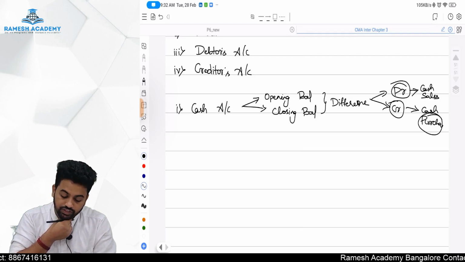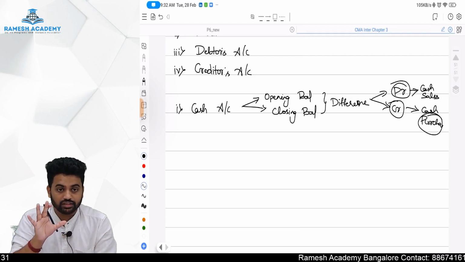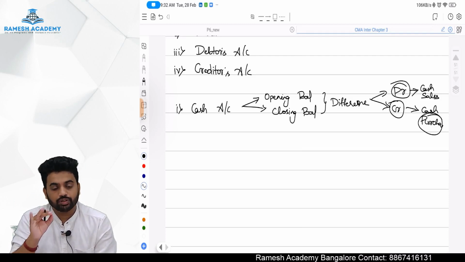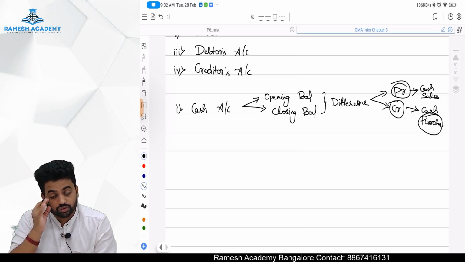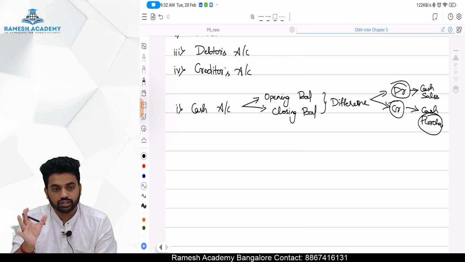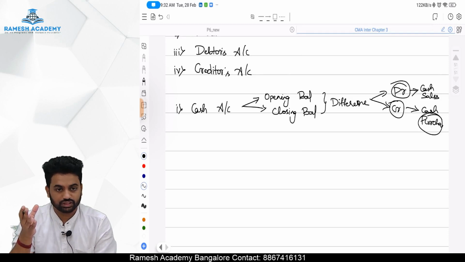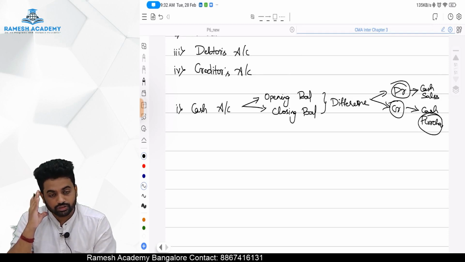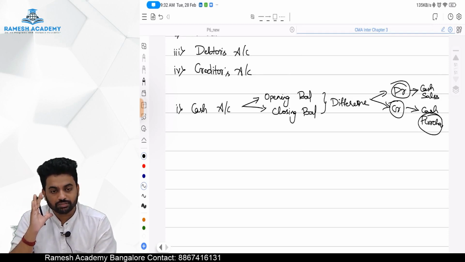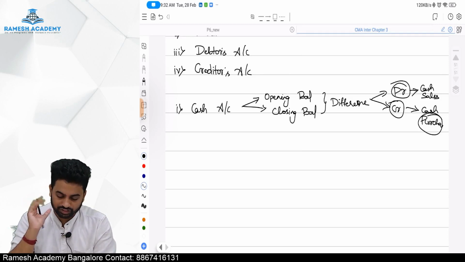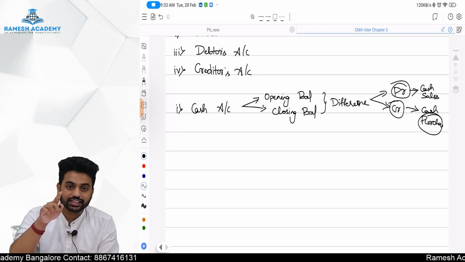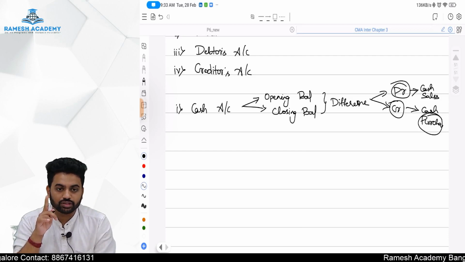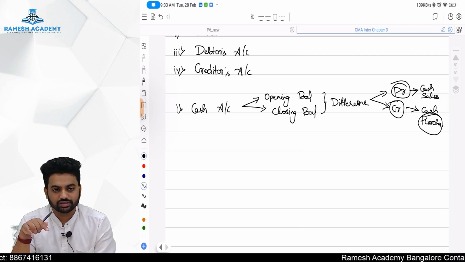I am telling again, in this chapter you have to go through the question very carefully. You read the question twice, not a problem, but you should know how to analyze it. What is the missing figure and how to find out the missing figure? So cash sale and cash purchase, how to find the missing figure? Using this cash account.